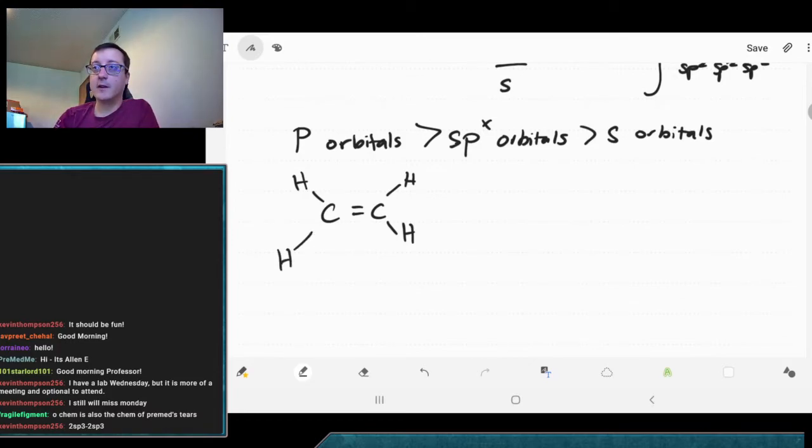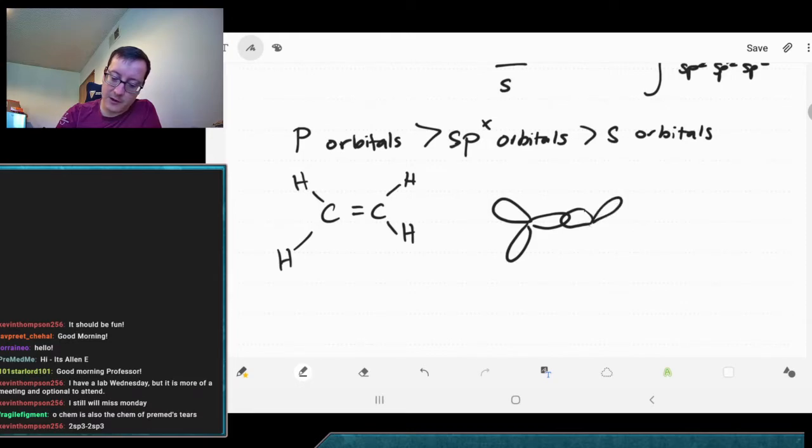So we see we have again on each carbon 3 single bonds and then in between the two carbons a double bond. If we want to take a look at what those orbitals are, we're going to see that if we just draw the sp2 orbitals of the carbon, again, I'm ignoring those little bits of the sp hybrids.